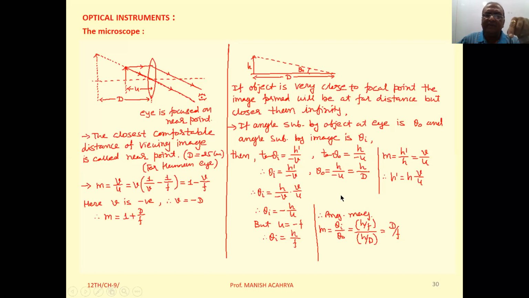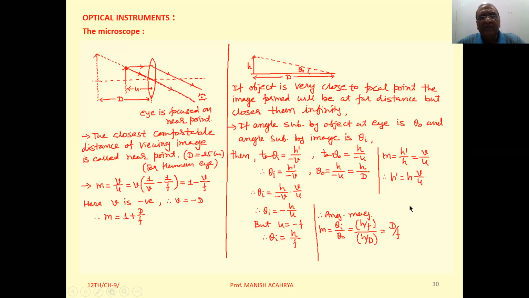Now here if we take theta I and theta 0 very small, then in that particular case tan theta I is nearly equal to theta I and tan theta 0 is nearly equal to theta 0. So theta I is minus h dash by v and theta 0 is minus h by u. But here u is taken as d.